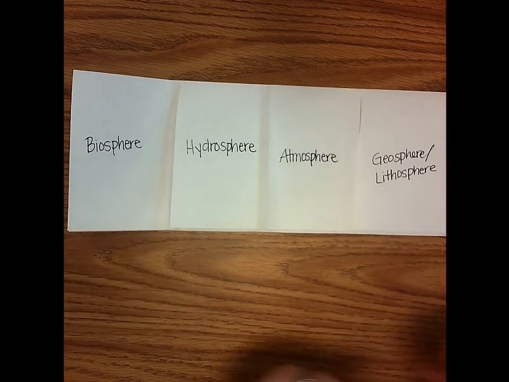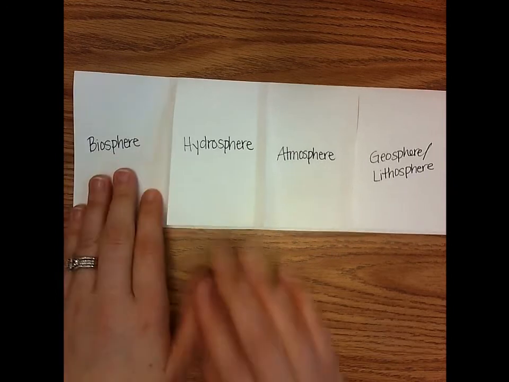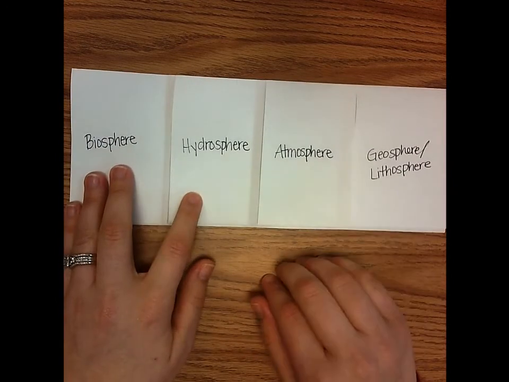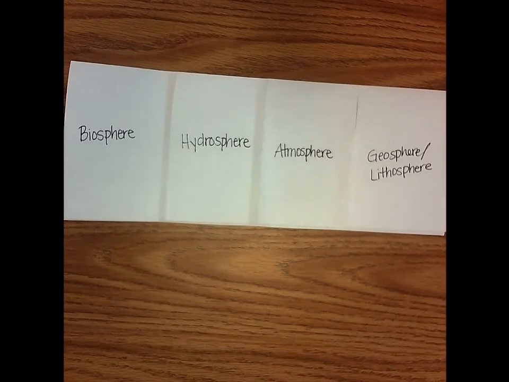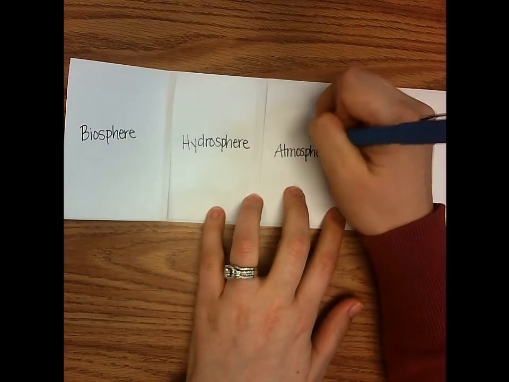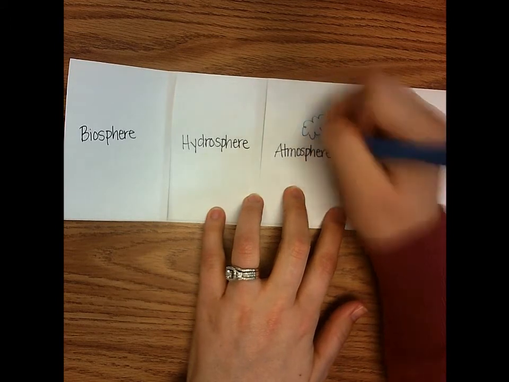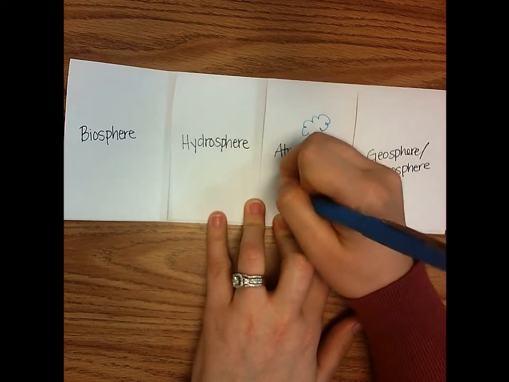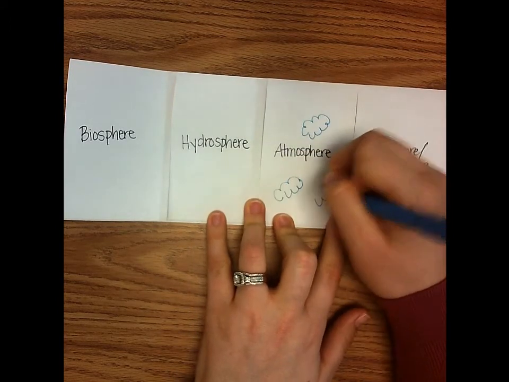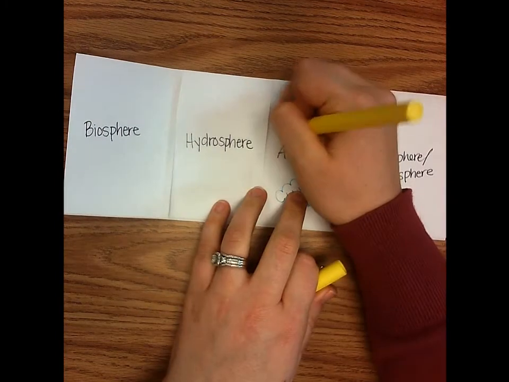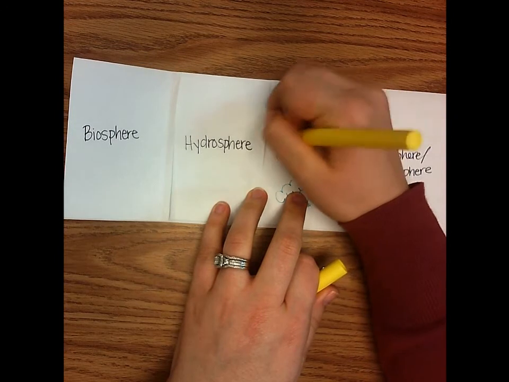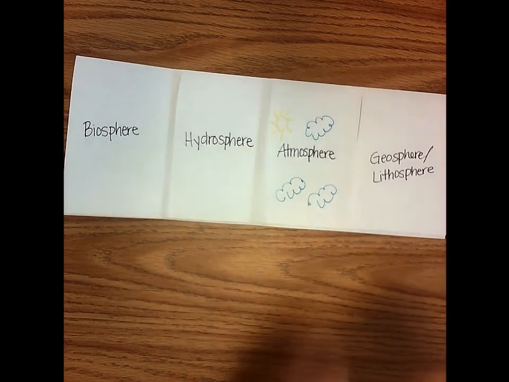So what I would like for you to do is on the front, draw a picture that goes with each. Like if I were doing the atmosphere, I would remember that that's like the sky, so I would maybe draw some clouds. Okay, and then maybe I draw the sun so that I remember that the atmosphere is in the sky.